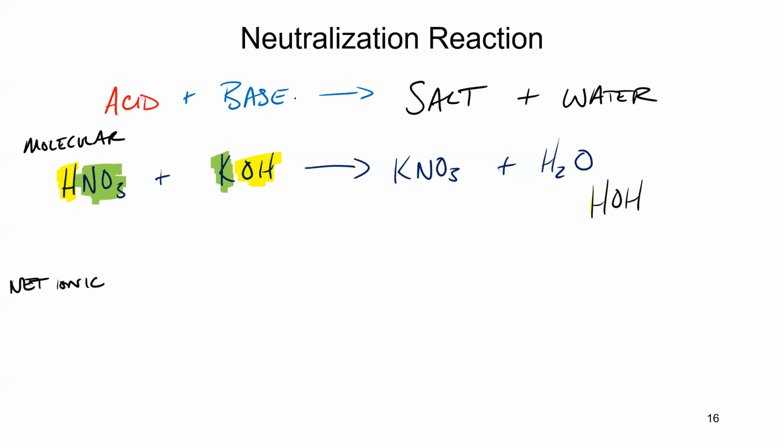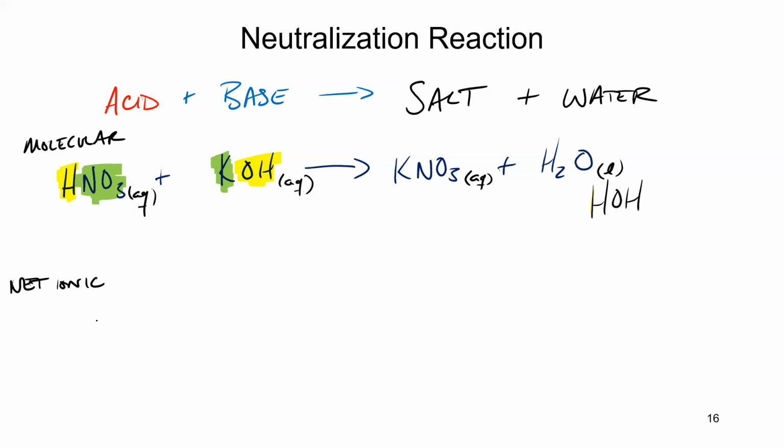K plus, that's always soluble. And so our KNO3 is going to be aqueous. These are going to be aqueous. And water's what? Liquid. Yeah, water's a liquid. Right? I tend to put a script L for liquid. I'm not sure why, but that's what I tend to do.